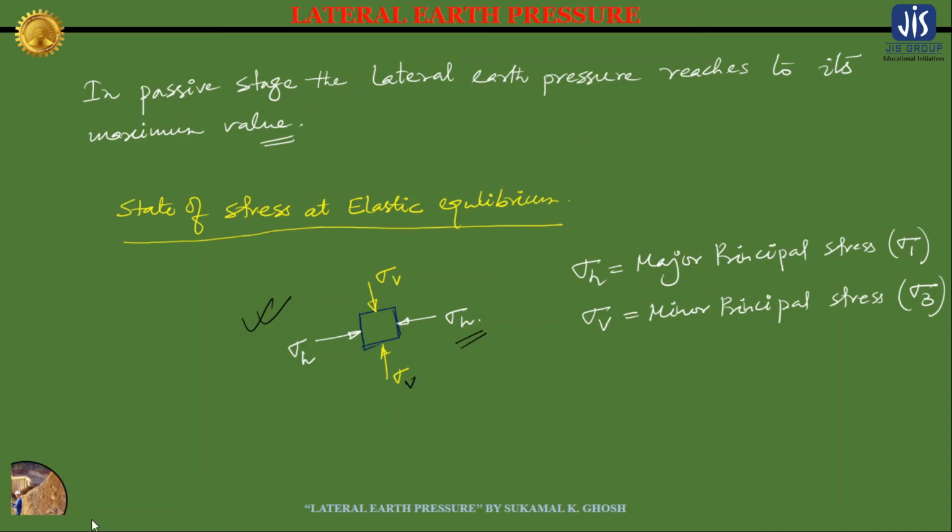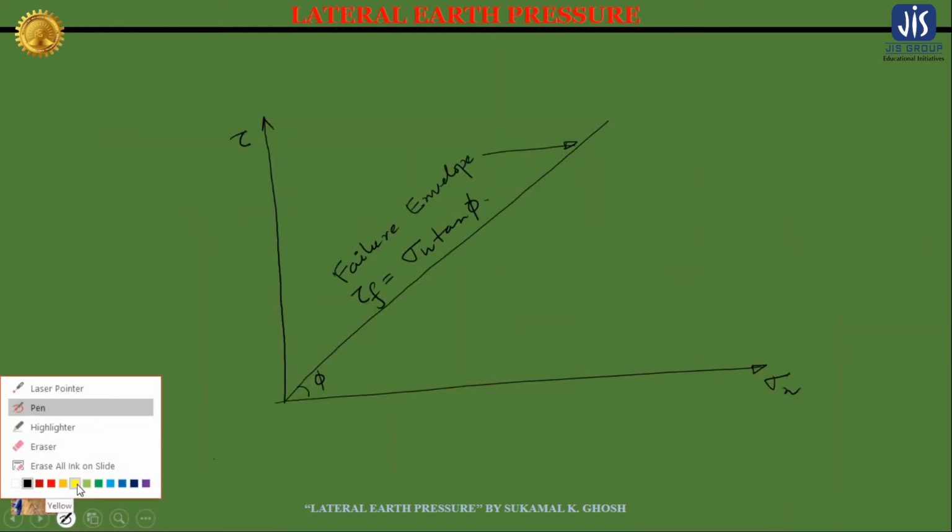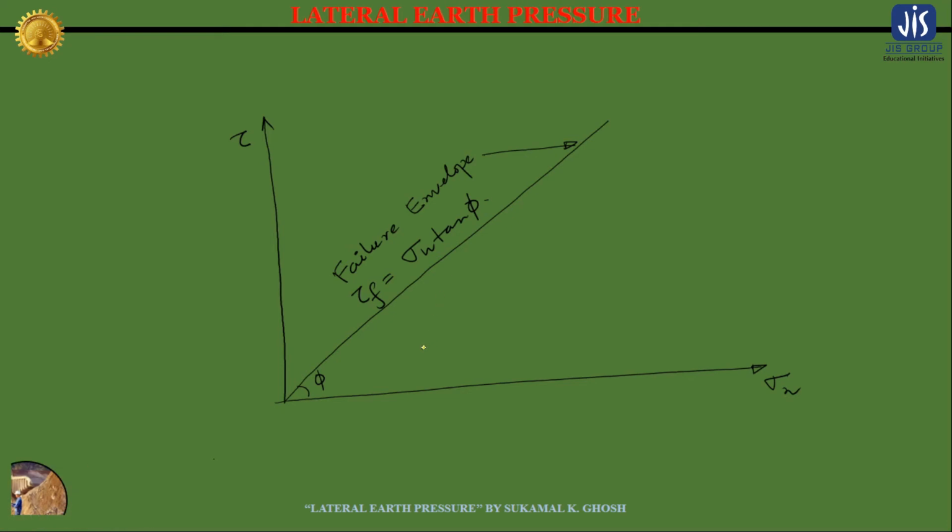Okay, so let's draw the Mohr circle using that sigma v and sigma h. Okay, so suppose this is sigma v and this is sigma h. Okay, this was the Mohr circle when the soil was in elastic equilibrium.